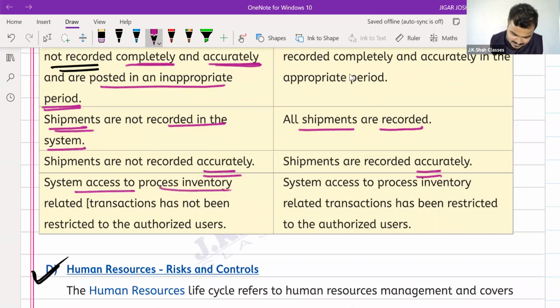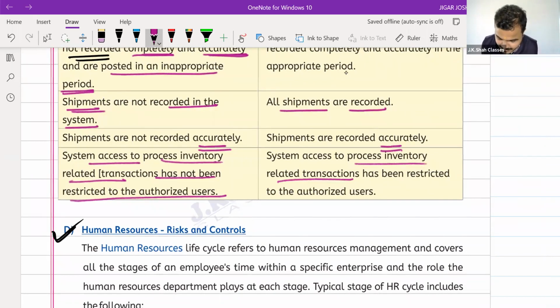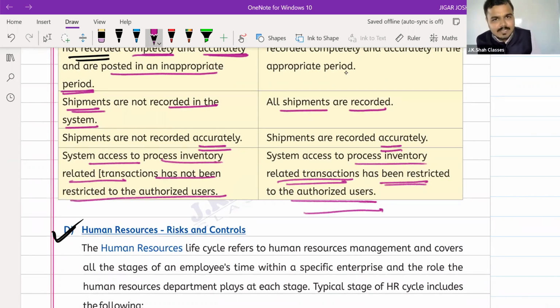System access to process inventory related transactions has not been restricted to authorized users. Don't you think it's a risk? Yes, sir, it's a tremendous risk. So all the system processes for inventory related transactions have to be restricted to authorized users only. Agree, my dear children?